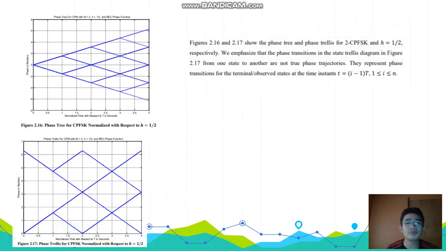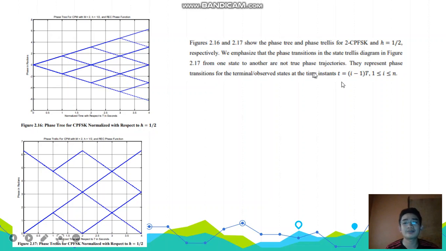Figure 2.16 is the phase tree of CPFSK normalized with respect to h equal to 1/2, and 2.17 is the phase trellis of CPFSK normalized with respect to h equal to 1/2. These two figures show the phase tree and phase trellis of CPFSK with h equal to 1/2 respectively.